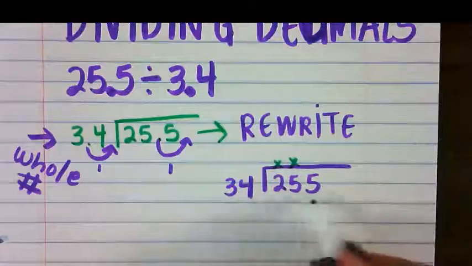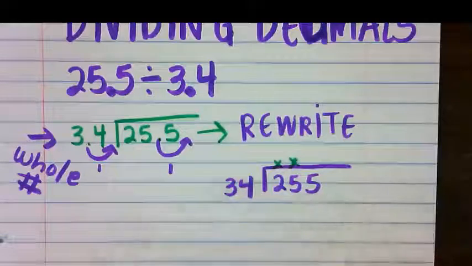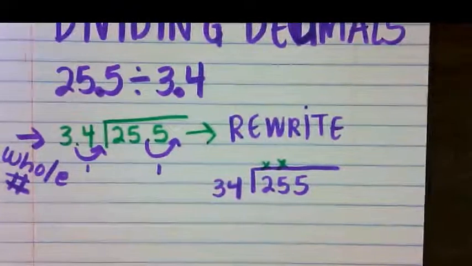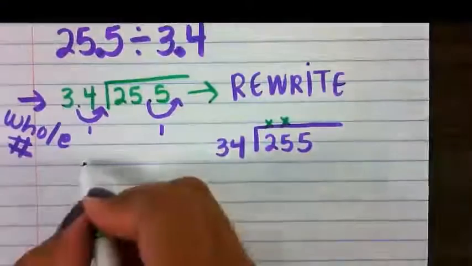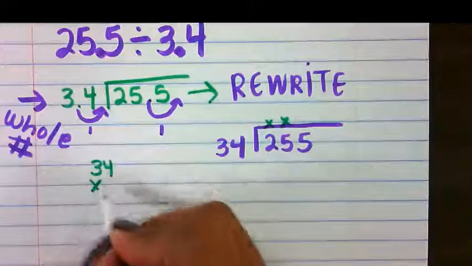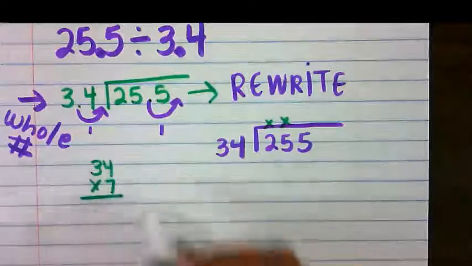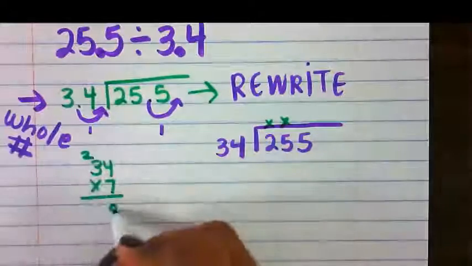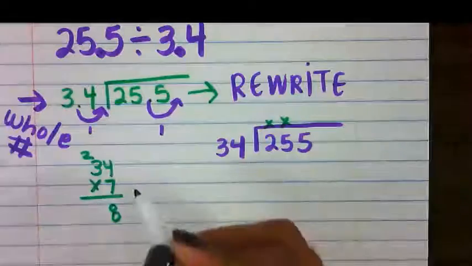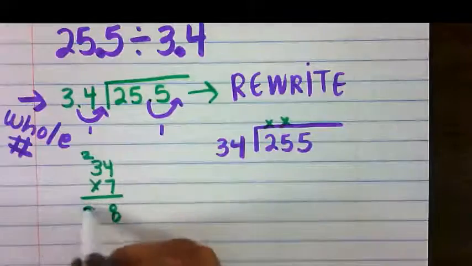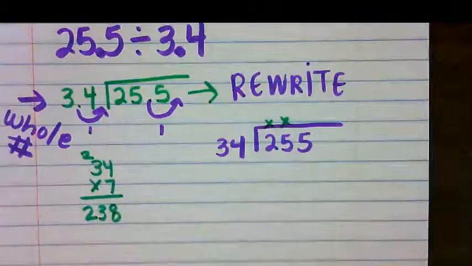How many times can 34 go into 255? Well, I'm not sure. So let me go ahead and try some numbers out. Let me try 34 times 7. 7 times 4, 28. 7 times 3, 21, 22, 23. I got 238.